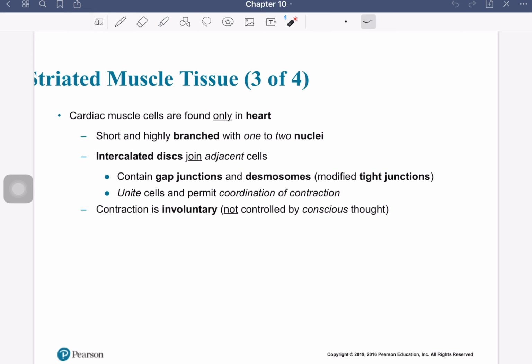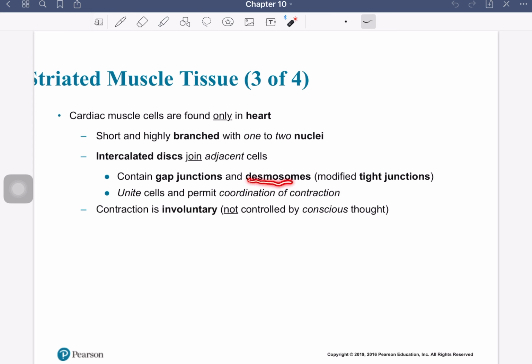Now, just a reminder, since we are talking muscle, we should say something about the other ones, which we have mentioned before, is cardiac muscle, of course, only found in the heart, and it's short, it's branched, 1 to 2 nuclei, and one of the key features are the intercalated discs that help to join the adjoining cells to bring them together. And these intercalated discs are a place where we see gap junctions and desmosomes.